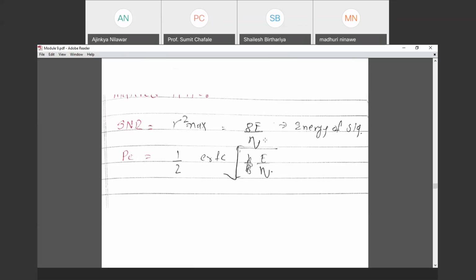So signal to noise ratio as far as the matched filter is concerned is 2E divided by eta. And error probability is given by 1 by 2 erfc of the square root of E by eta. Again, E is the energy of a signal, eta is the efficiency, output by input. So these two formulas you have to keep in mind while solving numericals on the matched filter.